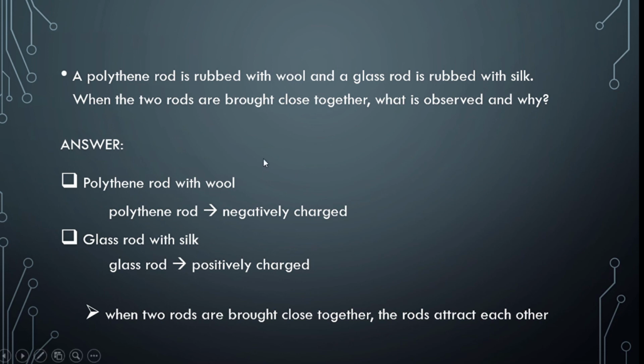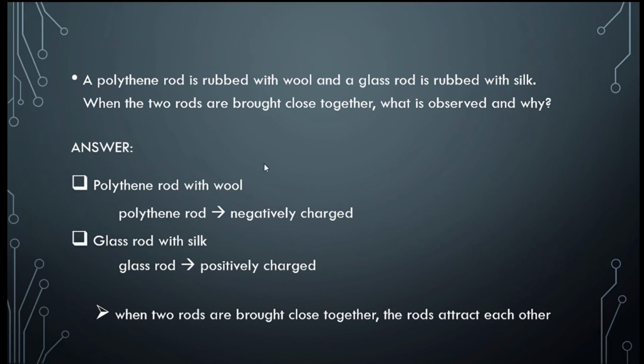Example question. A polyethylene rod is rubbed with wool, and a glass rod is rubbed with silk. When the two rods are brought close together, what is observed and why? First, you need to check the pairs of materials and the charges they acquire when rubbed together in the previous slide.